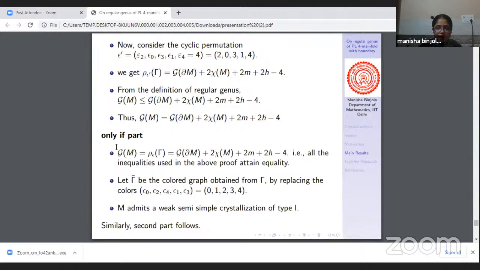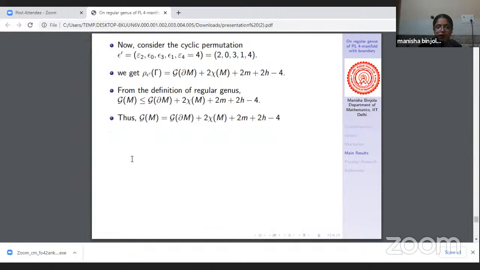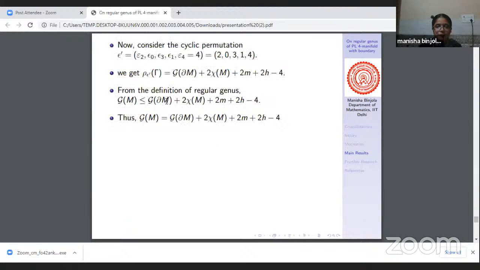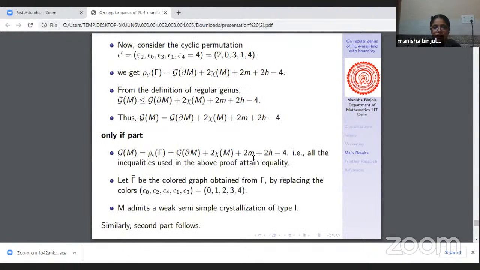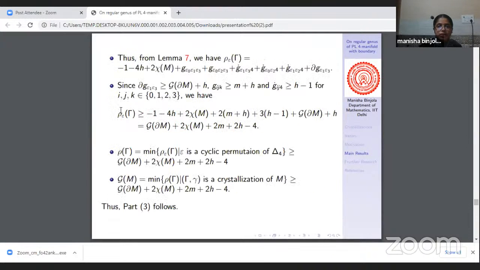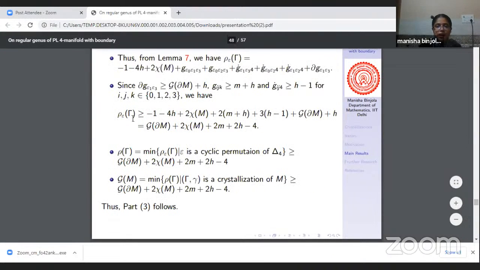Now we prove the only if part. Okay. So regular genus. So suppose it is attained at this, for this gamma and this epsilon. So the only if part is, the hypothesis is this, okay? We have this thing. Now we have equality here, all right? Now we go back to the last proof here. So rho epsilon equals this thing, okay? This means everything in between attains this equality, okay?